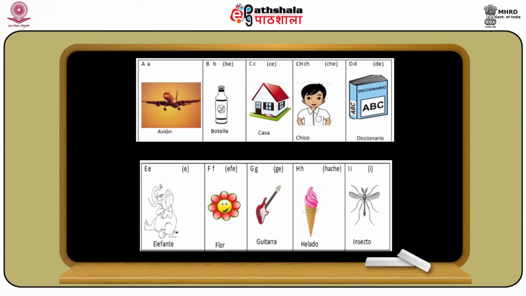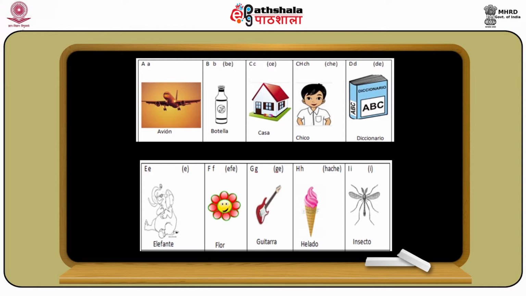Now let's see also how they are pronounced. For example, A de avión, B como botella. C has various pronunciation. One of it is like in casa. Che is as in chico. De as in diccionario. E as in elefante.